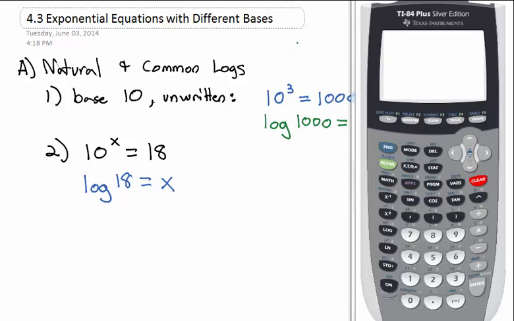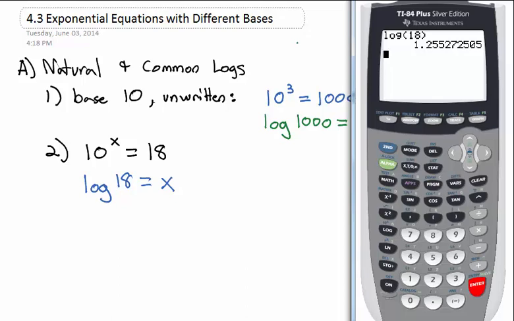What I'll notice on my calculator is there is a log button right next to the 7. No base is written, so that assumes the base is 10. So we can type in log 18 and close the parentheses. And when we hit enter, we find out the value for that.